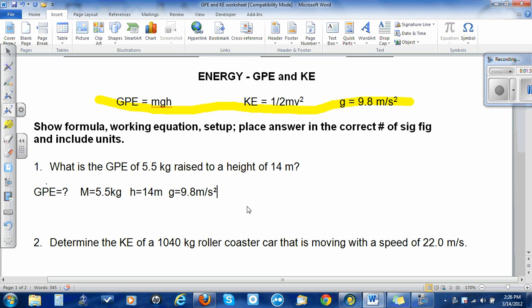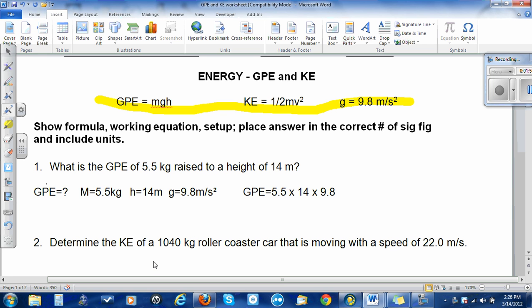Okay, so working through the problem then, GPE equals 5.5 times 14 times 9.8.